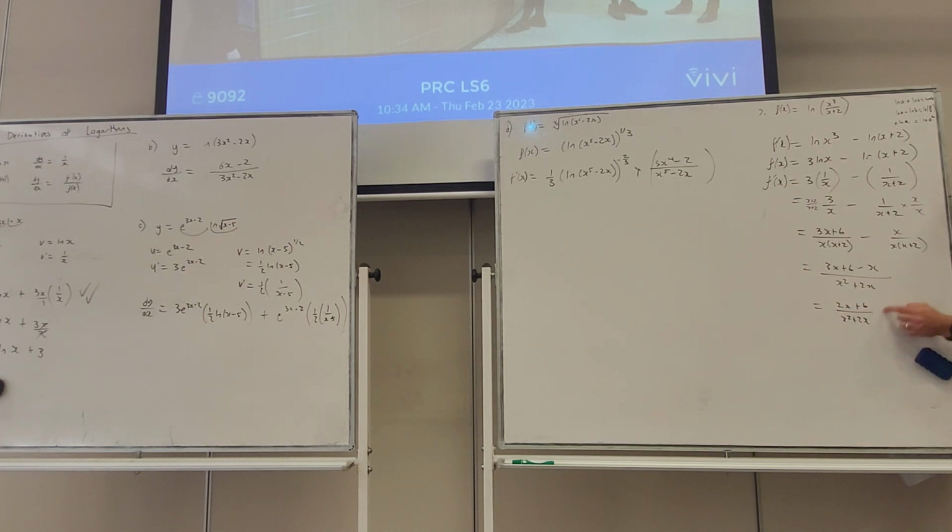When x is minus 3, the slope, this is our slope function, is 0. It's horizontal at that point. And then it's going to be undefined when the denominator is 0. That's 0 and negative 2. Cool. All right, so that's enough to get started on derivatives of logarithms.